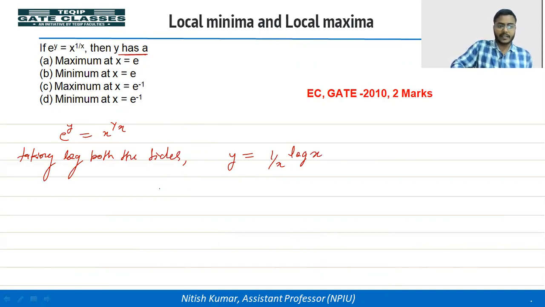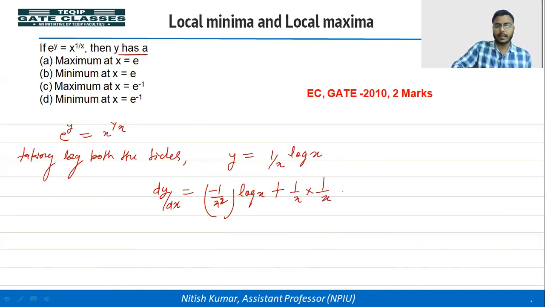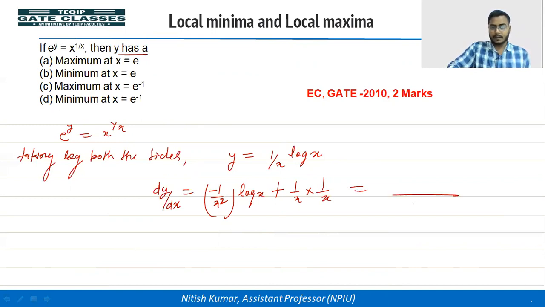So the function we have, we can calculate dy by dx. So what you can get here is minus 1 by x square into log x plus 1 by x into 1 by x. Okay, so you can write here that dy by dx is equal to 1 minus log x by x square.